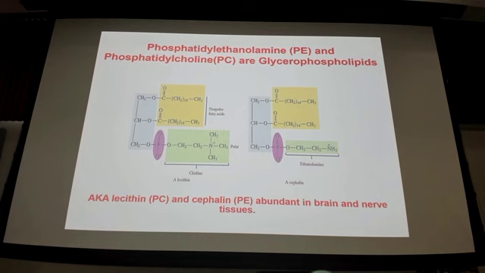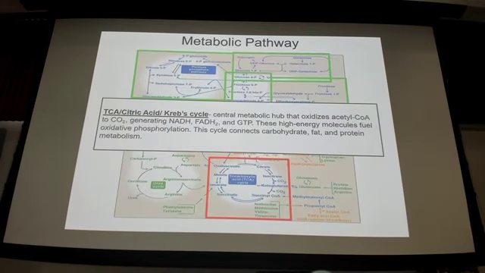Any questions? All right. Now we're going to move into the topic of today, the TCA cycle and electron transport chain systems. So look at that. We're almost halfway done with this metabolic pathway table. So in the TCA cycle shown here at the bottom, this cycle is the central hub for biochemical metabolic pathways.